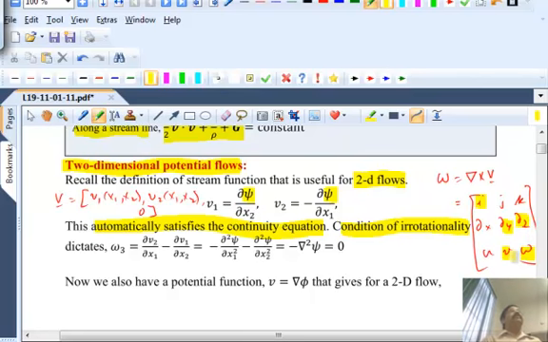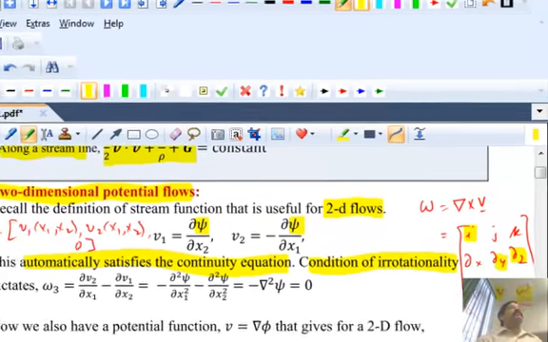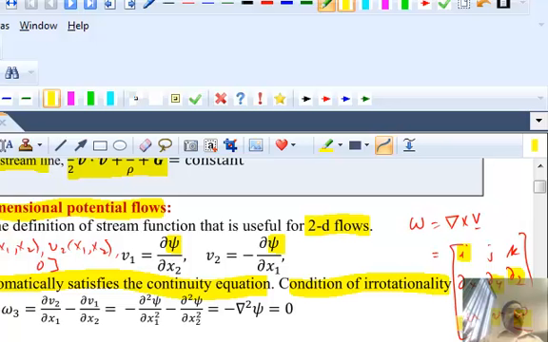That's going to be 0. Why? Because the third velocity component w is 0, and the second velocity component v is not a function of z. Are you following me? So that component is 0.